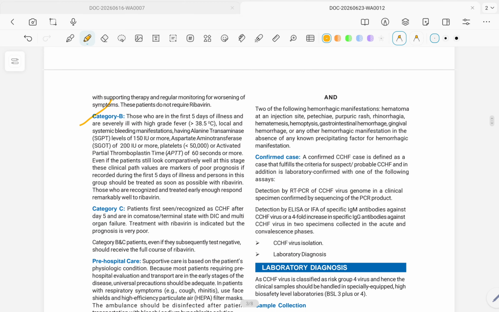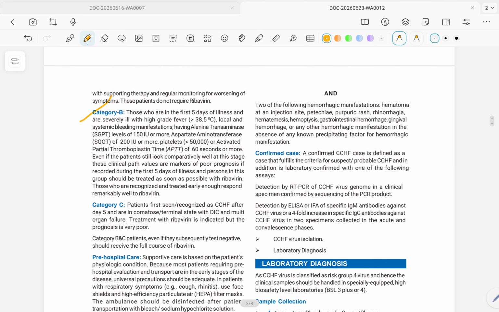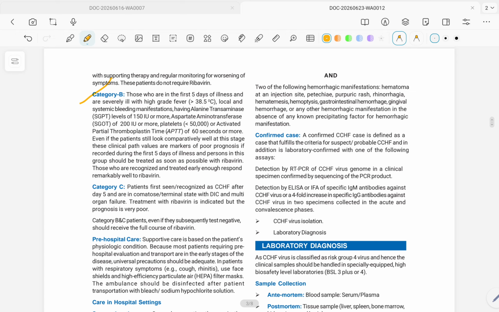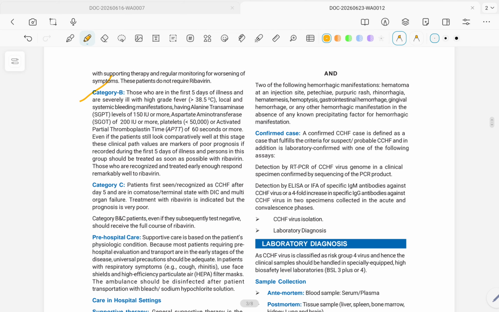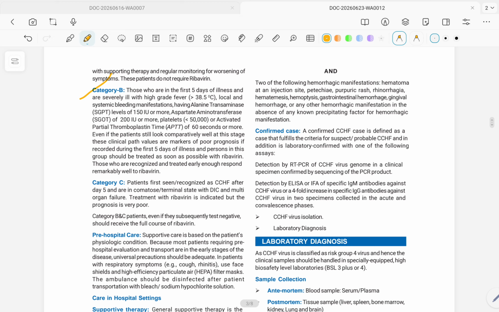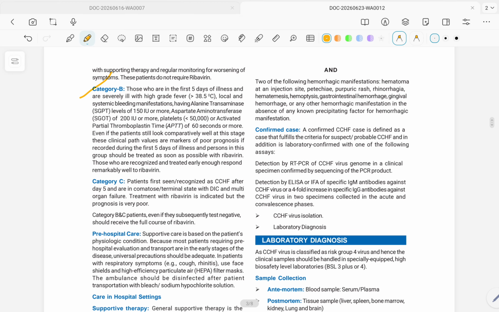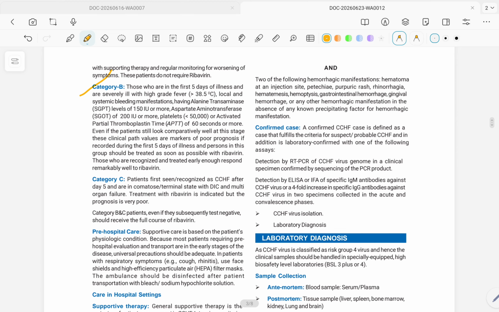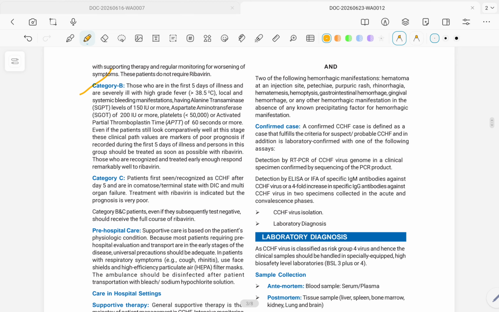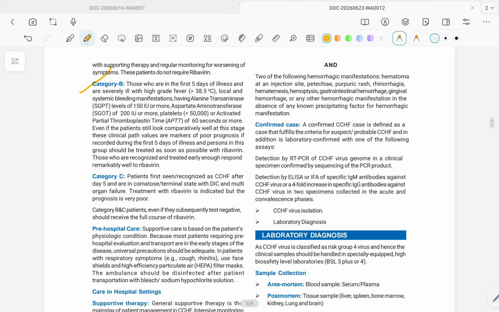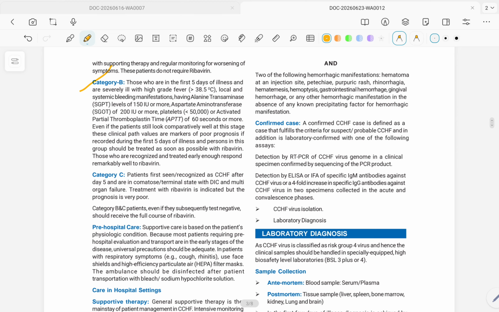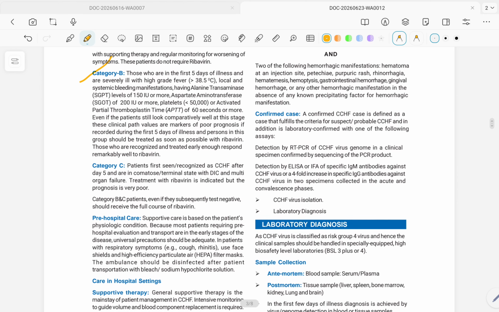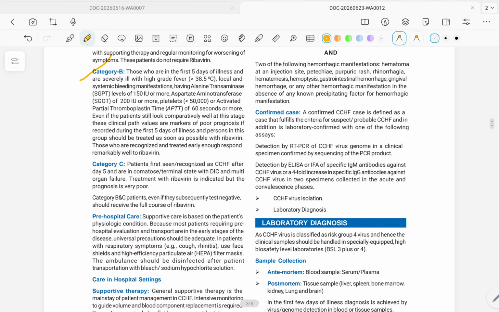Category B, those who are in the first 5 days of illness and are severely ill with high grade fever, local and systemic bleeding manifestations, having alanine transaminase SGPT level of 150 IU or more, aspartate aminotransferase SGOT of 200 IU or more, platelets less than 50,000, or activated partial thromboplastin time APTT of 60 seconds or more.